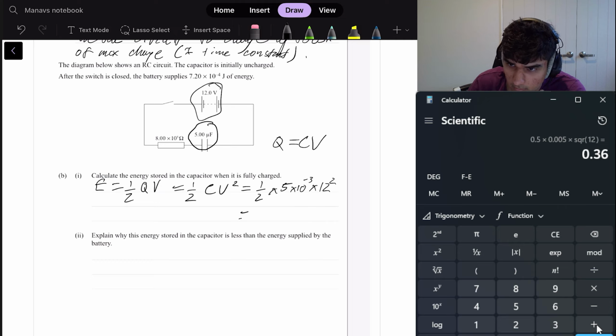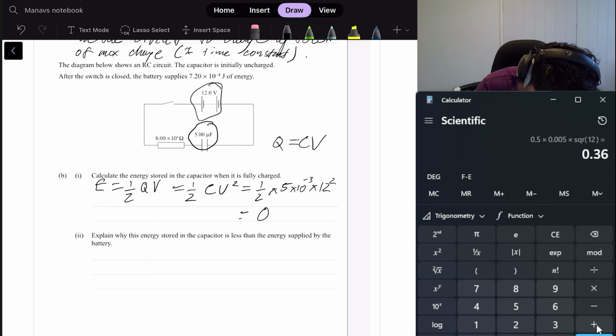That gives 0.36, so we get 0.360 joules. It's 3 significant figures.